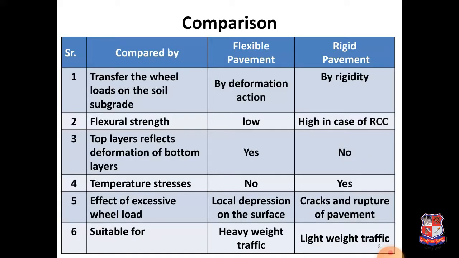Now we will compare flexible pavement and rigid pavement. First comparison point is transfer of the wheel loads on the soil subgrade. Flexible pavement transfers the wheel loads on the soil subgrade by deformation action.